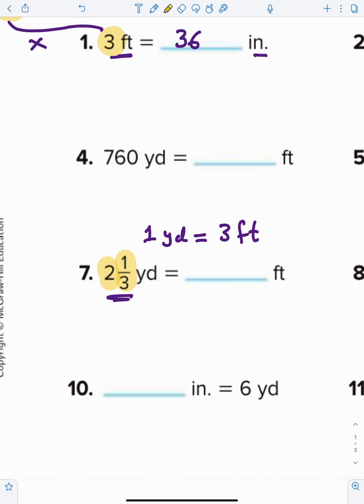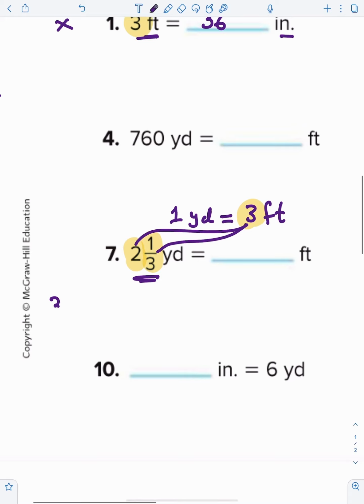First, I will multiply by the whole number, and then I will multiply by the fraction. Let's first multiply by the whole number. 3 multiplied by 2 equals 6, right? This is the first step. Second step, 3 also, multiplied by the fraction, which is 1 over 3.